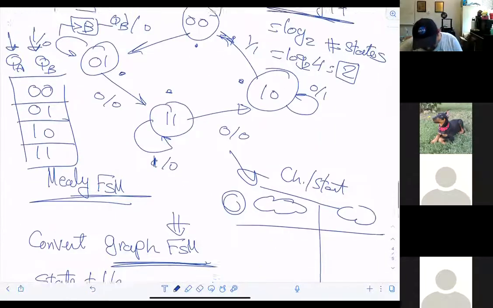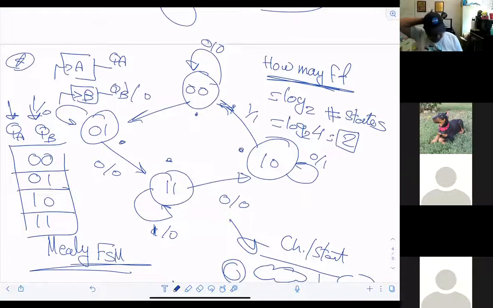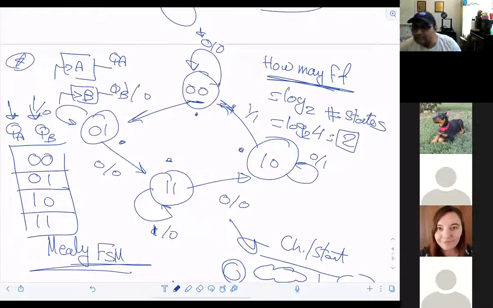Now I'm going to start looking into my graph. In the graph, when the input equals 0 and I'm in the present state 0, 0, what is my next state? Going back to myself. Do you agree? Could it also be 0, 1?